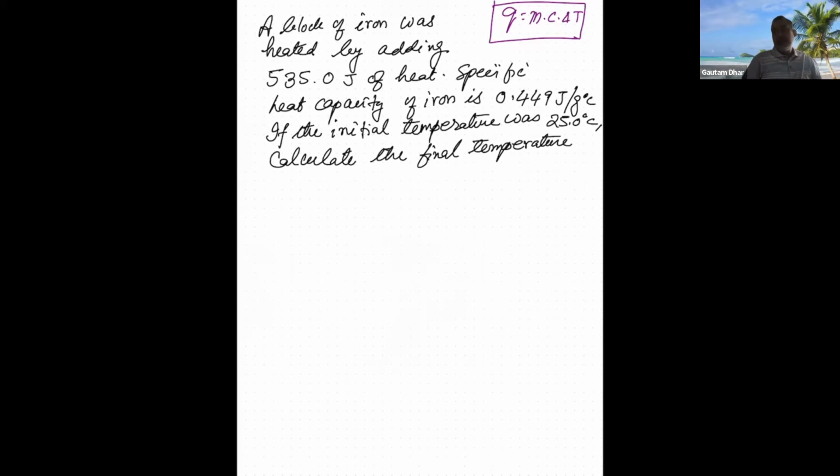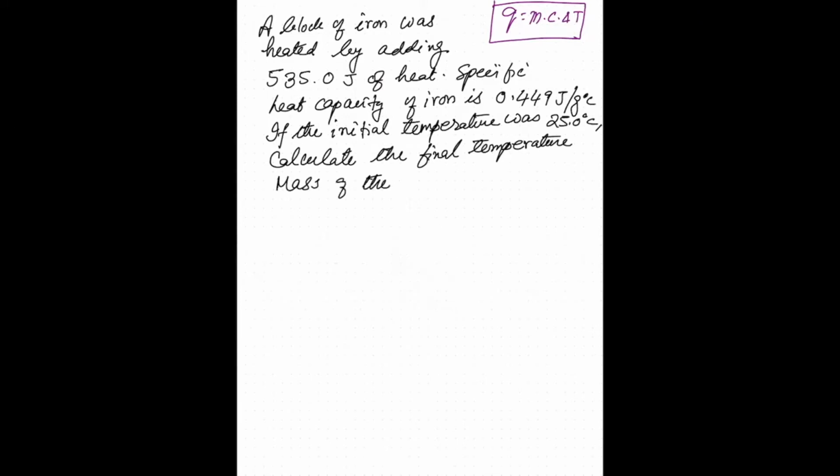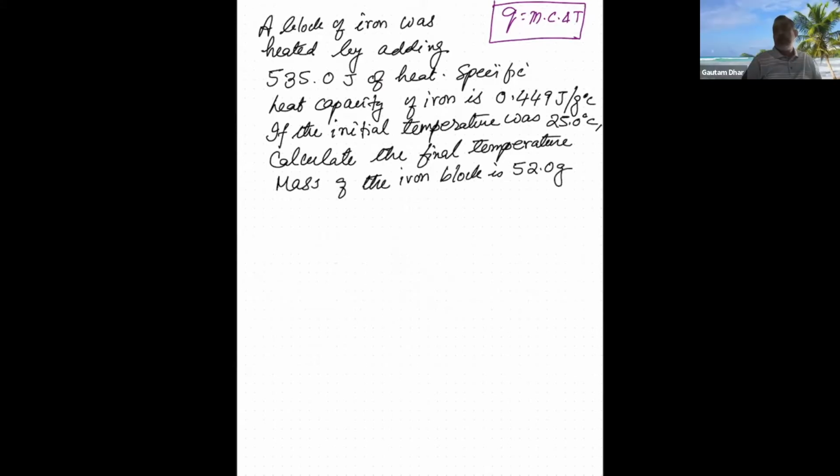Okay, so let's say the question: you have a block of iron. It is heated by adding 535.0 joules of heat. Specific heat capacity is given. The initial temperature is given, and that's the mass of the iron.